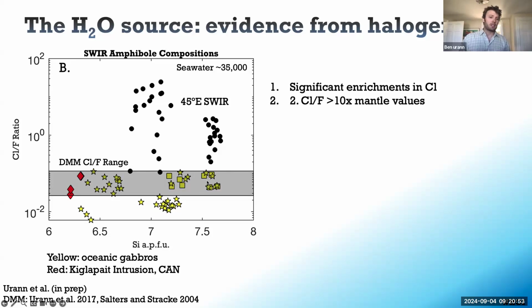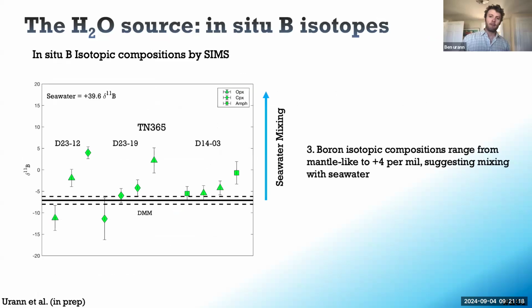And I would point out that these gabbros that I've plotted on here include samples from Gackle, Mid-Atlantic Ridge, Mid-Cayman, and the SWIR as well. But the bottom line here is these extreme enrichments in chlorine-fluorine ratios are likely not mantle derived, which is consistent with looking at the compositions in terms of titanium and potassium abundances in the amphibole.